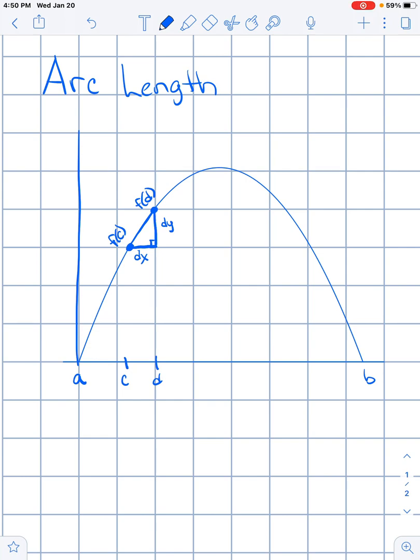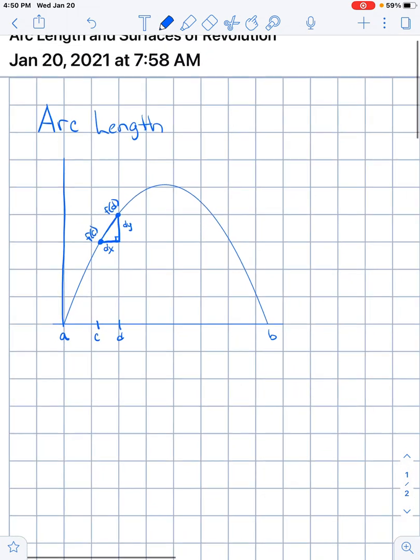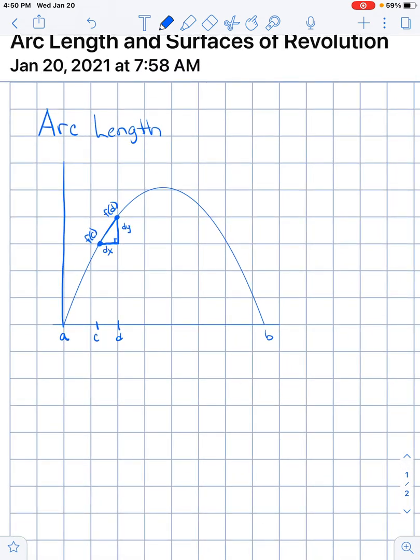So in order to find the length of that small tiny arc from f of c to f of d, I'll just use the Pythagorean theorem. So from f of c to f of d, the distance is the square root of dx squared plus dy squared.